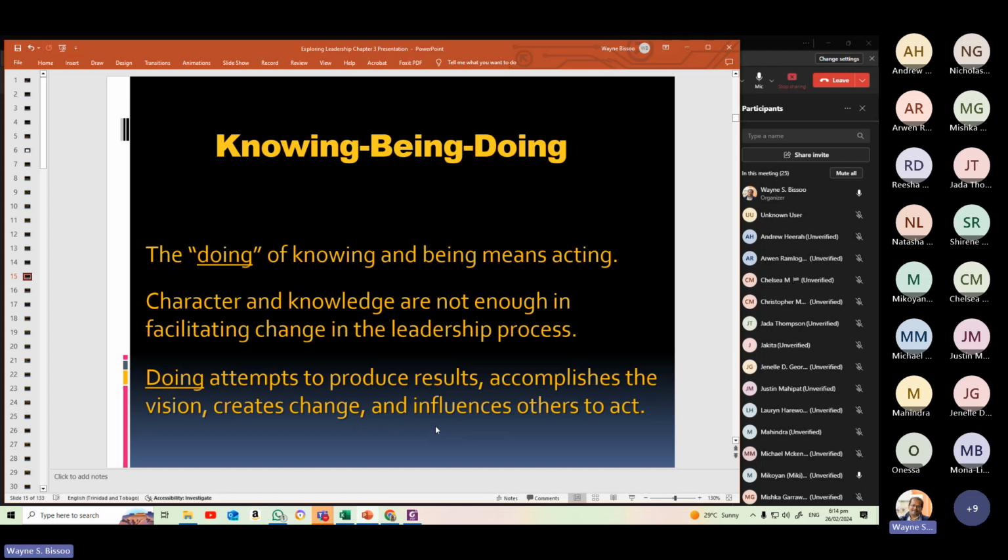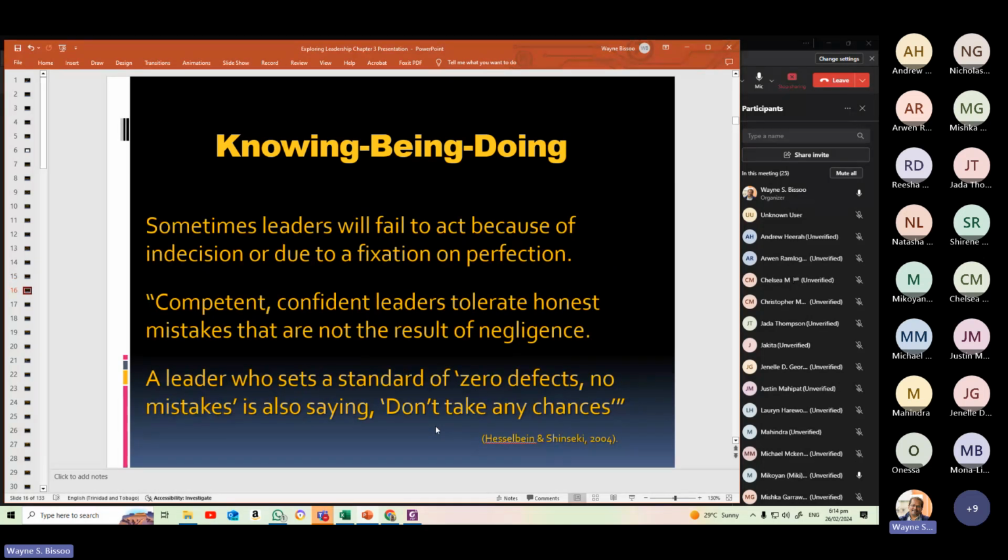So that doing part is putting everything into practice and working towards the objectives of the organization, the goals and the vision that you have for that organization.